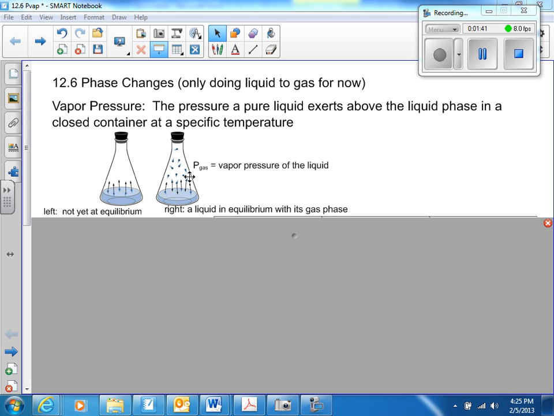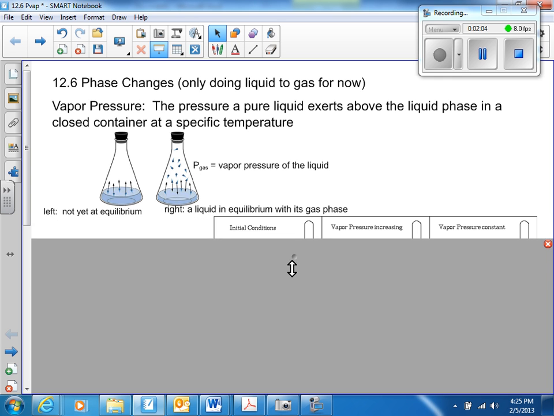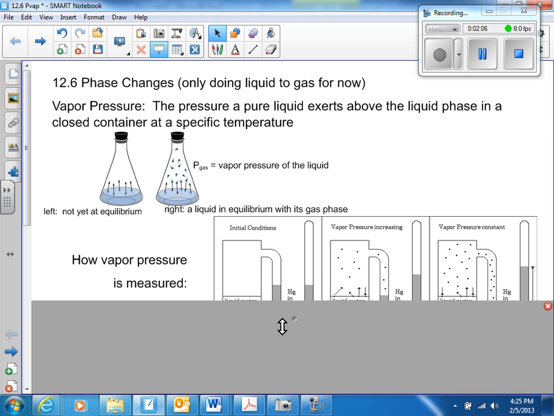And when there's an equilibrium between the liquid and the gas phase, that gas pressure can be measured, and it's called the vapor pressure of the liquid. This is a way that you measure the vapor pressure of a liquid, and it's a physical characteristic of liquids. And the vapor pressure of liquids depends on temperature, and you can measure vapor pressure versus temperature.